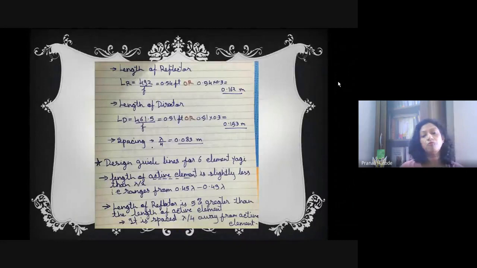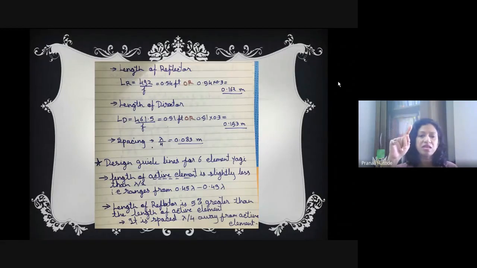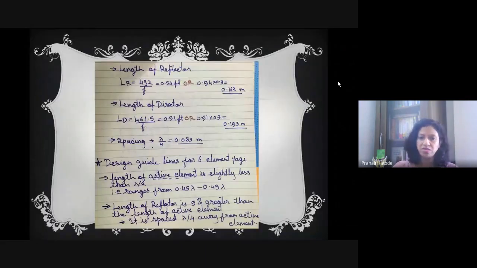That means whatever frequency range you are using, the length of your active element should be less than half of the wavelength on which you are working. So it ranges from 0.45 lambda to 0.49 lambda. It is slightly less than lambda by 2.